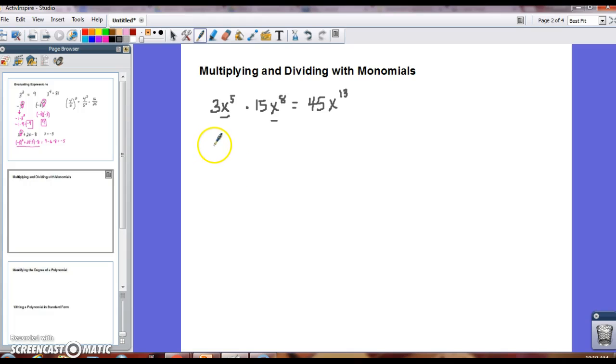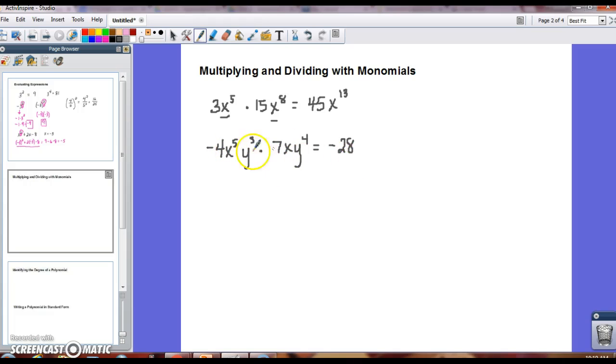So if I had negative 4x to the 5th y to the 3rd, times 7x y to the 4th. Okay, multiply my coefficients together. I get negative 28, and then I'm going to go ahead and add my exponents.